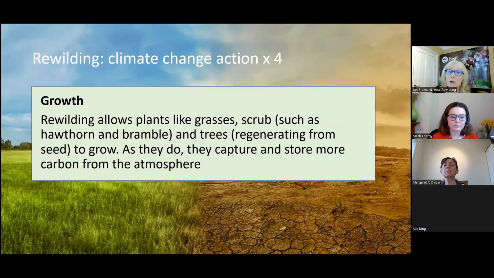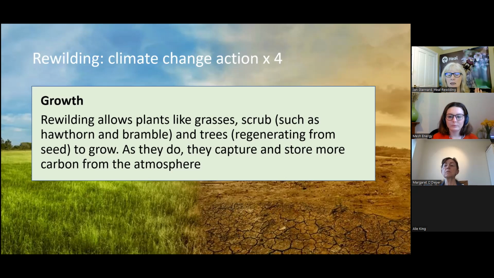Growth is the one that most people understand. They know that if you leave a piece of land, a garden, the land around a solar farm, around an industrial estate, or in the rural areas, plants grow. That's what nature does. It covers bare areas and it grows, and that captures carbon. It captures it down through the plants and it's held in the ground.